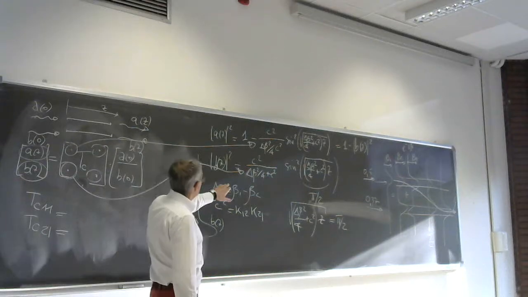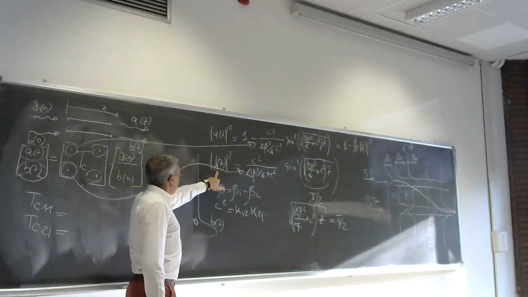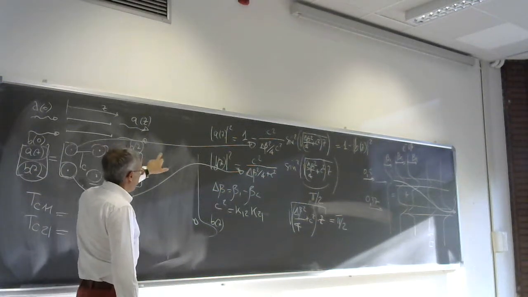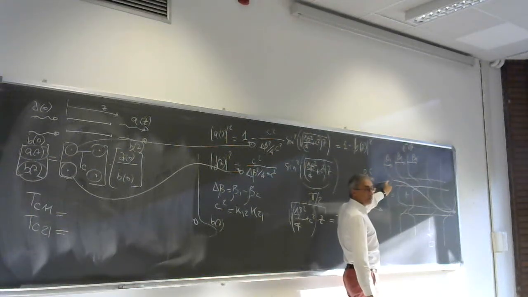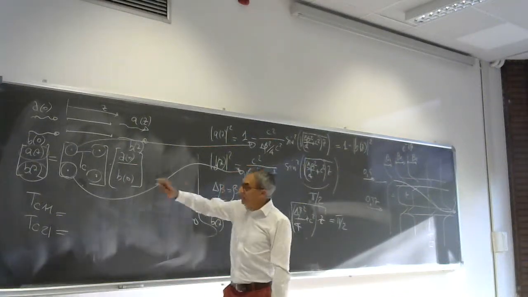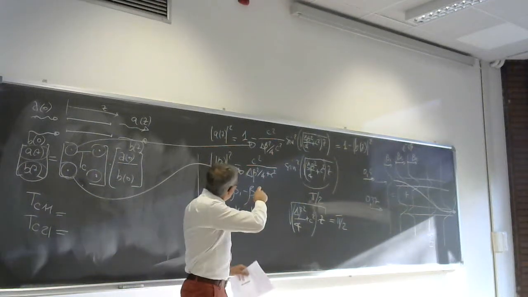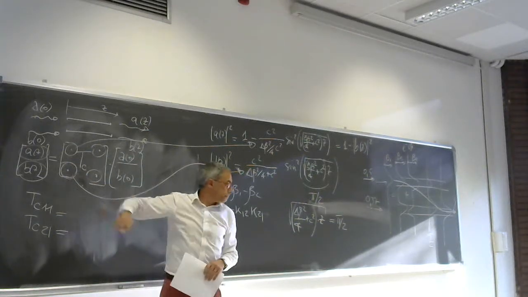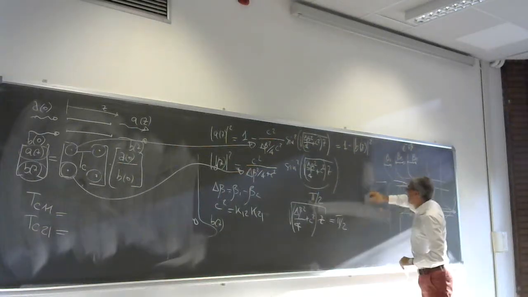This expression is the output B when you enter from the top with a unit amplitude field. So this is exactly this coefficient, while the upper one, this expression, is exactly this coefficient. So now we can write the matrix and I can fill the entire matrix.